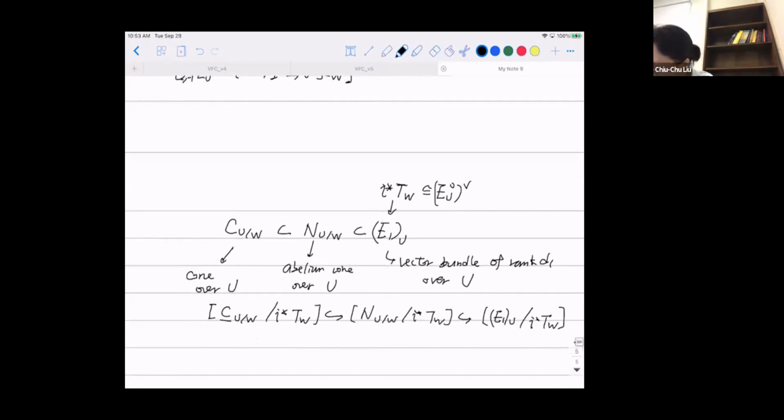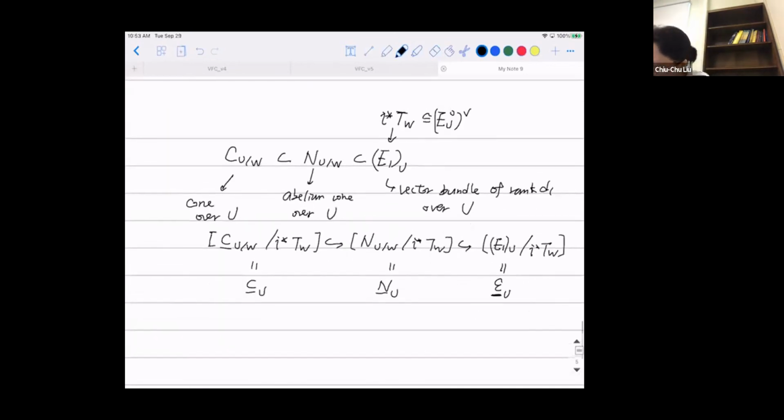So as notation, we write this as underline U, and this now becomes a vector bundle stack over U. Each fiber is the quotient of a vector space by the action of another vector space.